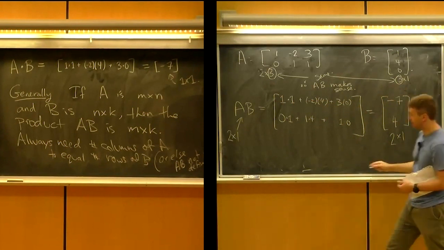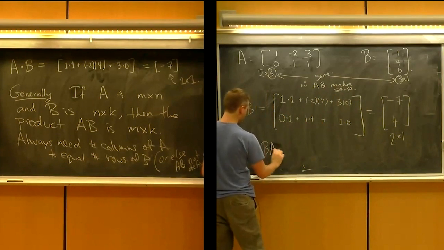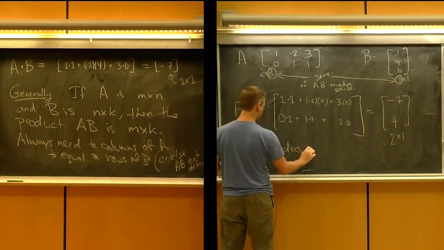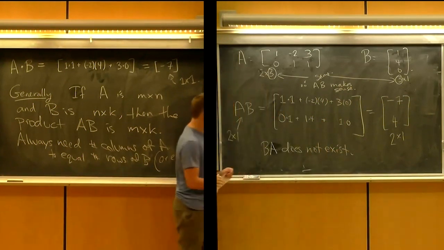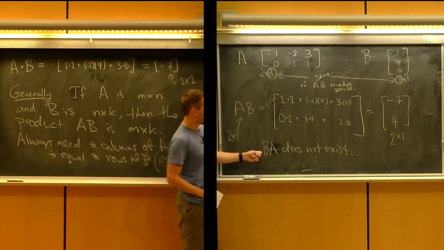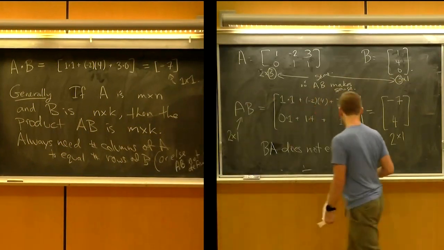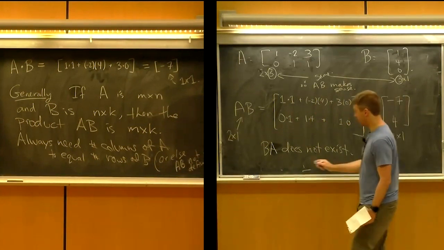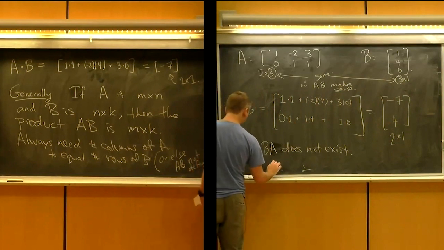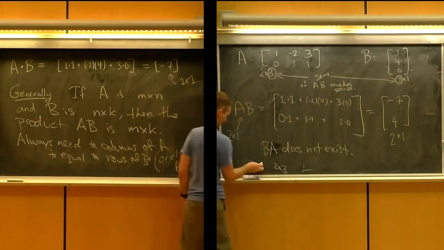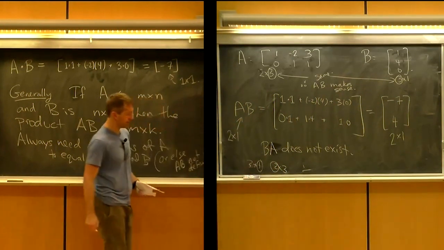But B times A, in this case, does not exist, because the number of columns of B does not equal the number of rows of A. Right, because B is 3 by 1, A is 2 by 3, and these numbers are not the same. But that's a really good question.